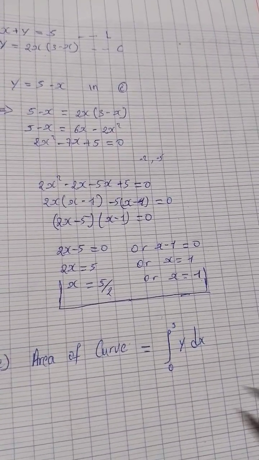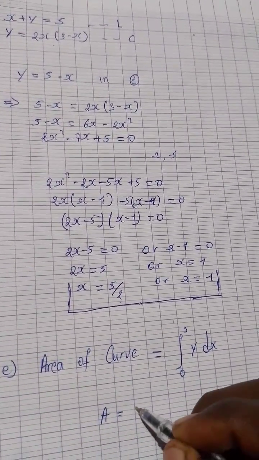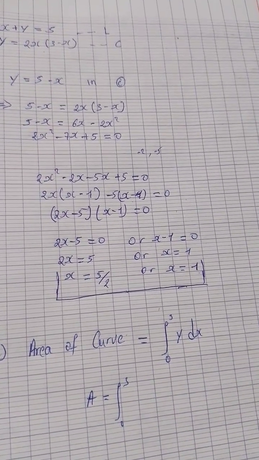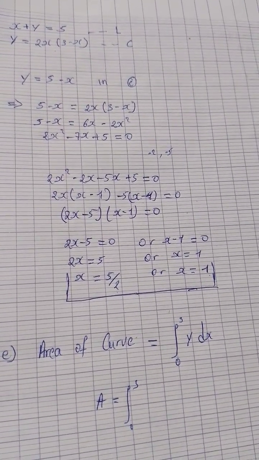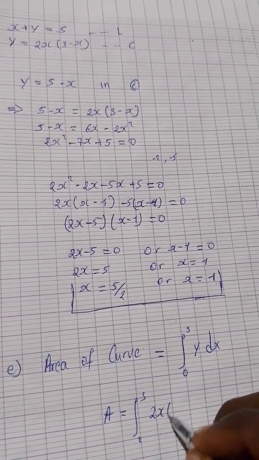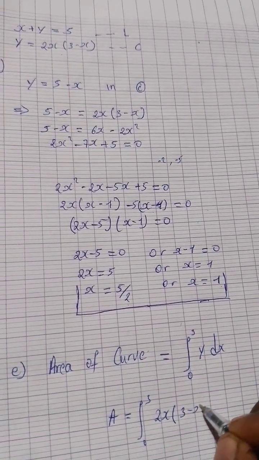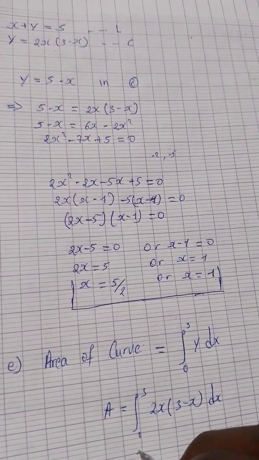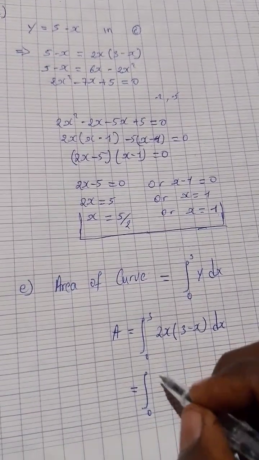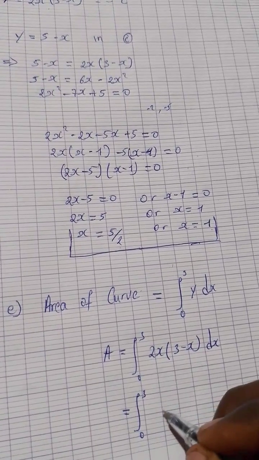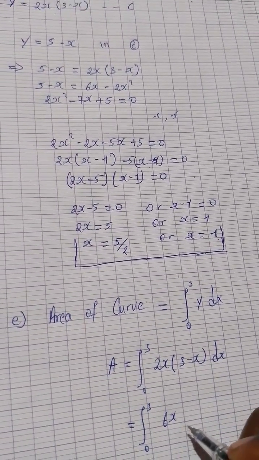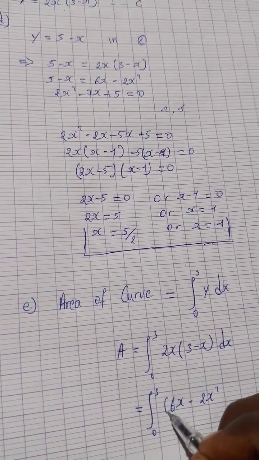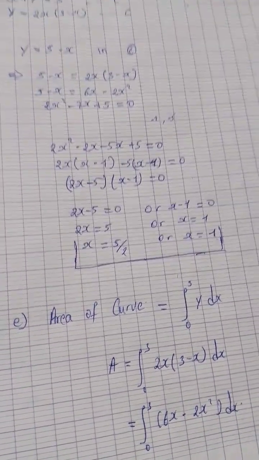Who is y? y is the curve, 2x into 3 minus x, dx. This equals the integral from 0 to 3 of 6x minus 2x squared dx.